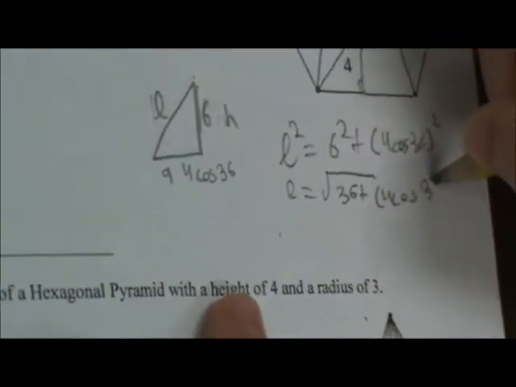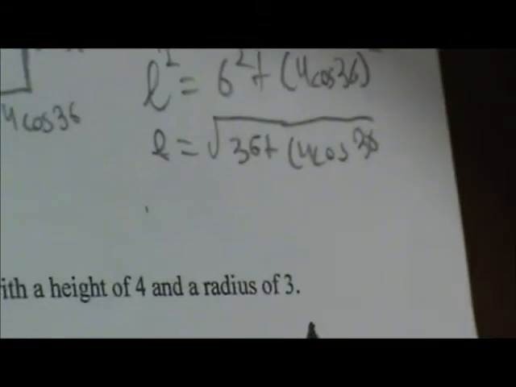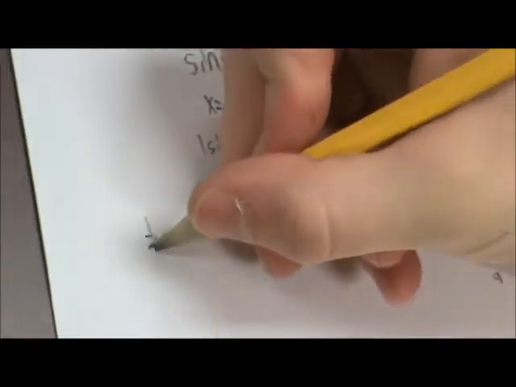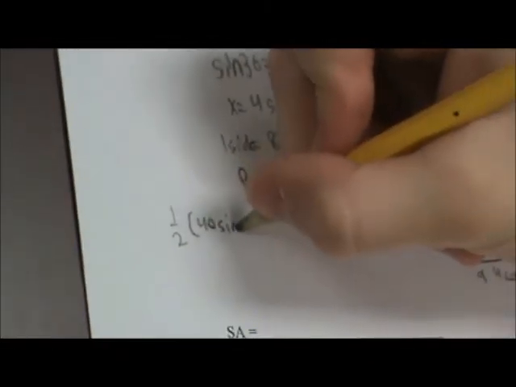So L is going to be the square root of 36 plus (4 cosine 36) squared. Then we plug that back into the formula: the surface area of the pyramid is 1/2 the perimeter times the apothem plus 1/2 the perimeter times the slant height.